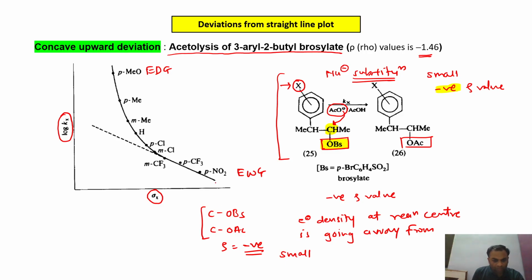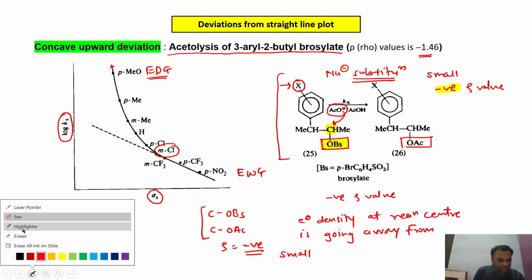As we move from right to left, we have a straight line plot up to the meta substituted chlorine at the meta position. But as we move from meta chloro to para chloro, a slight deviation from the straight line starts, and this deviation becomes larger when a strong electron donating group is there.